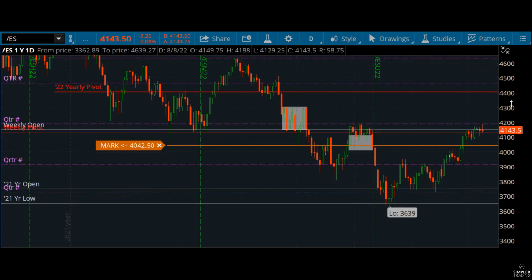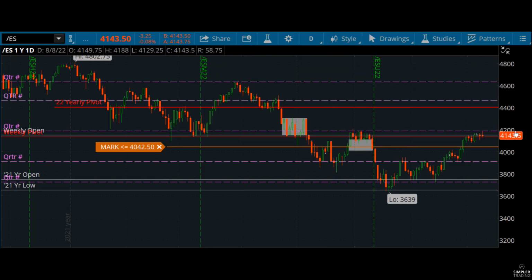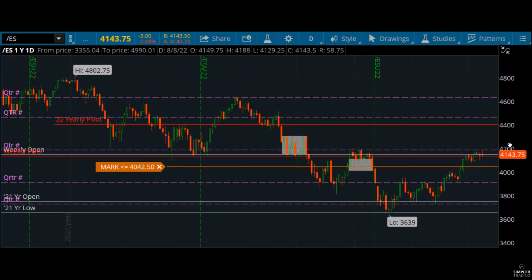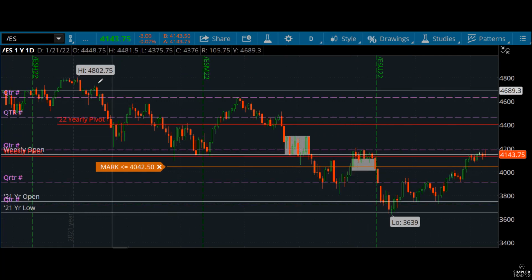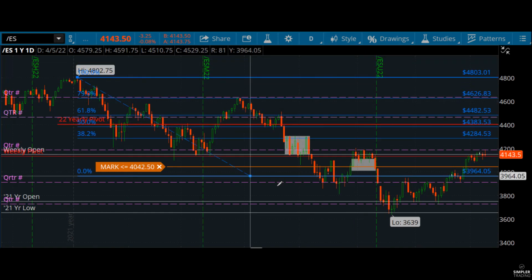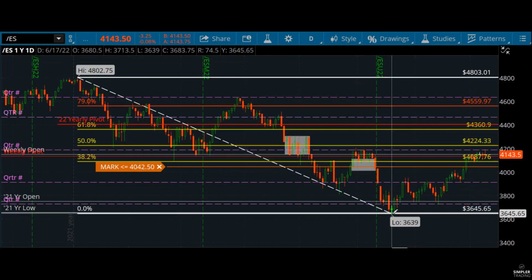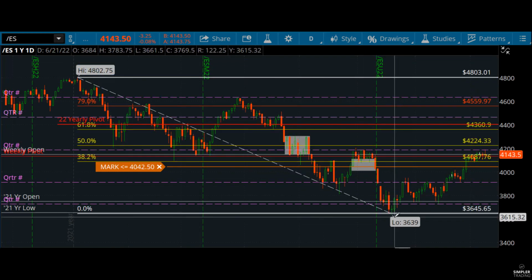One last thing you can do to also kind of see what's going on is drop a fib from the top all the way down to the bottom of the move there in June lows.